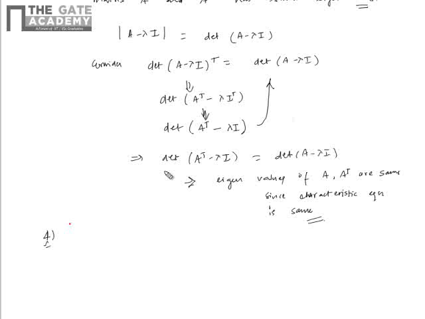So if lambda is an eigenvalue of an orthogonal matrix, okay, orthogonal matrix means A times A transpose is I, then we have proved that 1 by lambda is also its eigenvalue.